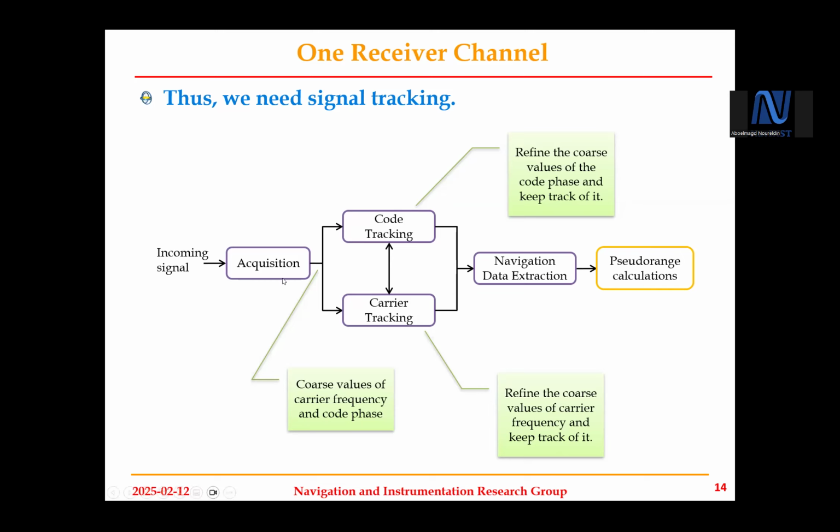If you look here, we have a tracking step, then we have code tracking running concurrently with the carrier tracking. It's not completely independent, but they need to be treated differently. They are cooperating, exchanging information, as we will see in the details later, but at the same time they have different characteristics for their tracking mechanisms. Once we refine those coarse measurements and keep track of them, we can then extract the navigation message.